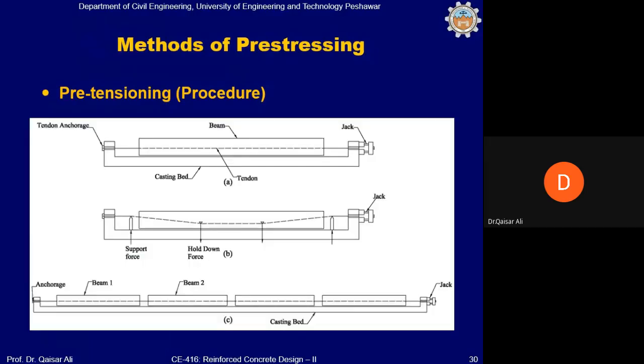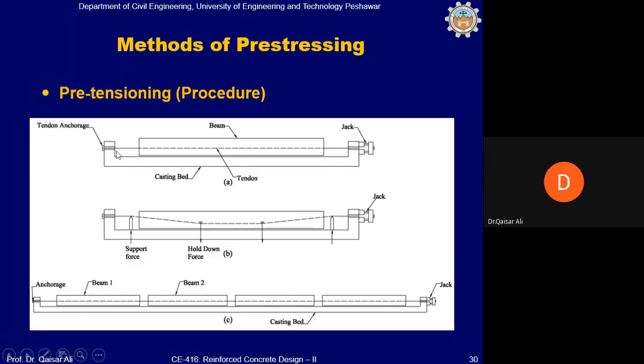This is a typical bed of a pre-stress precast industry. You can see a wire being placed in the formwork, and the wire is anchored, but this anchoring is done on one side of the bed, not at the side of the concrete member.